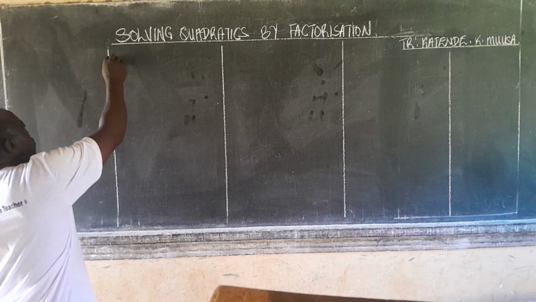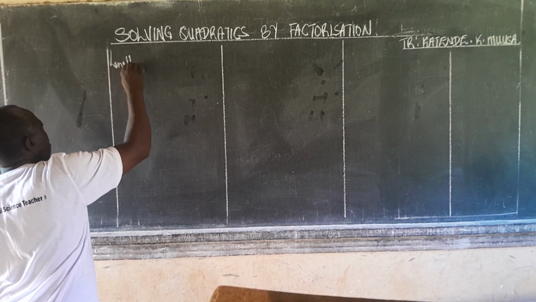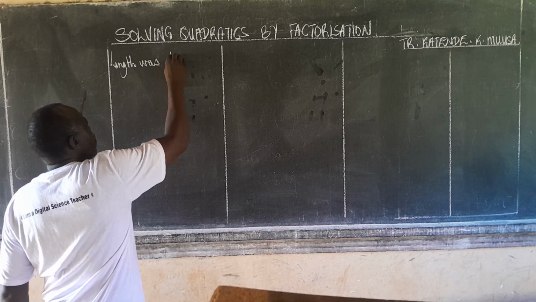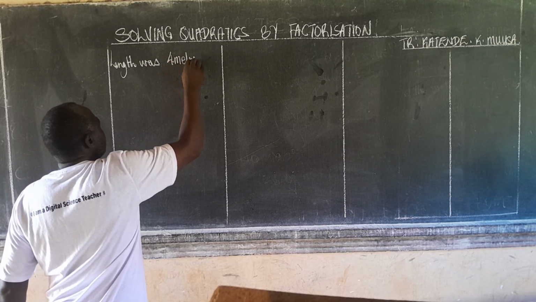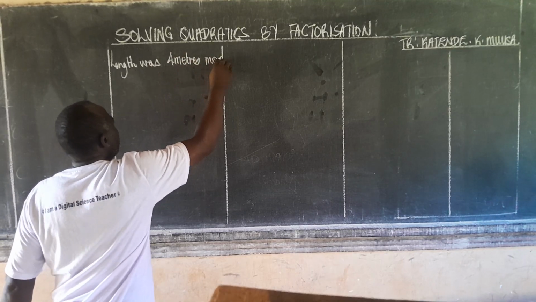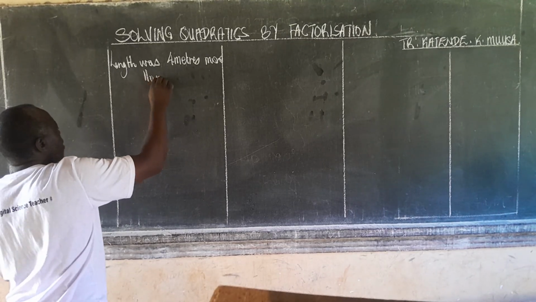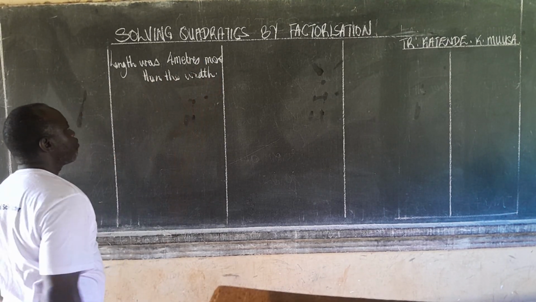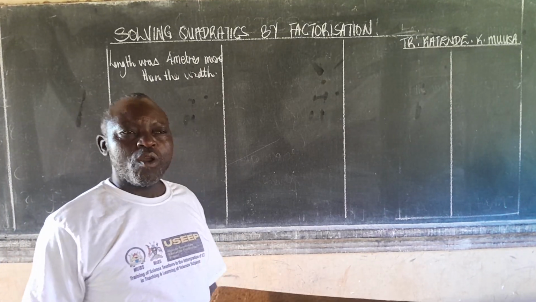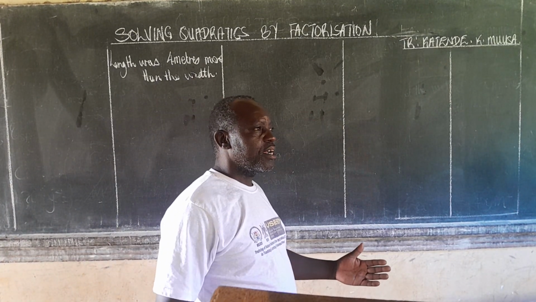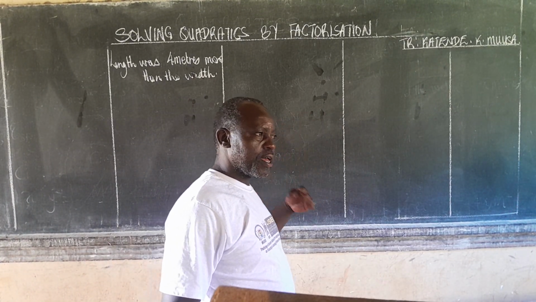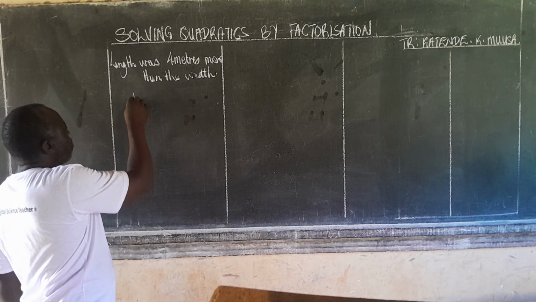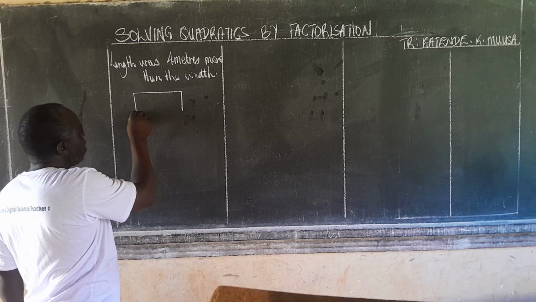The length was 4 meters more than the width. So we also wanted to know the area of the plot. Therefore, we had to draw a diagram of this nature.